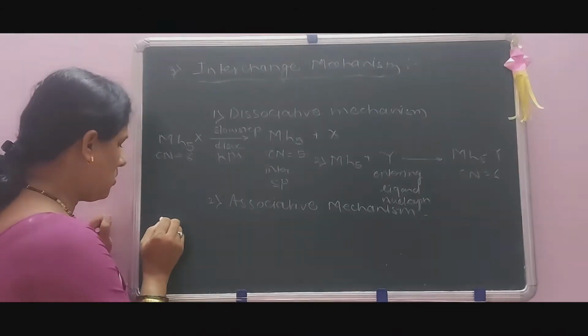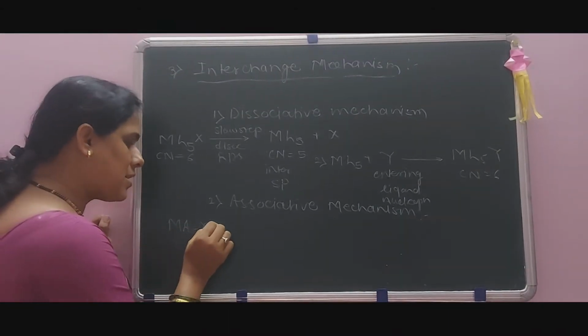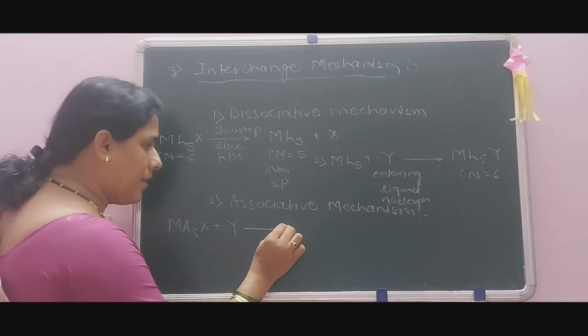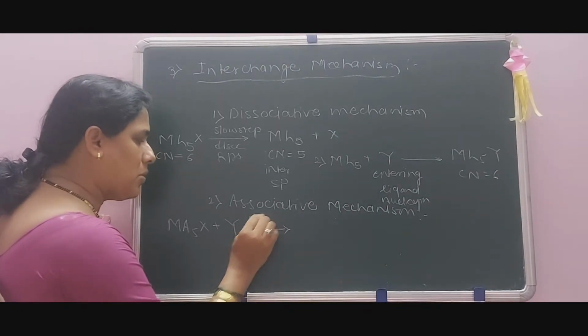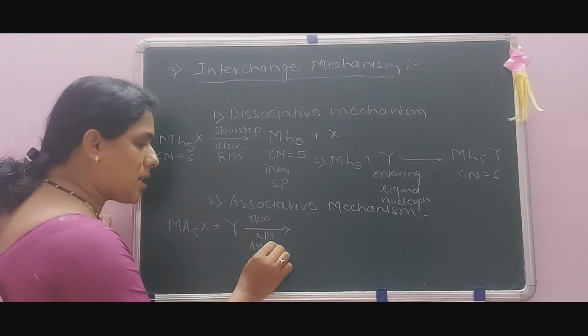Now what is the associative mechanism? The first step is MA5X plus the entering ligand. This is a slow step, also the rate determining step, and association takes place.